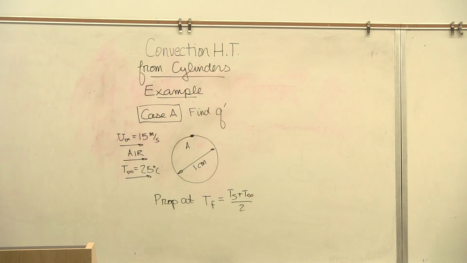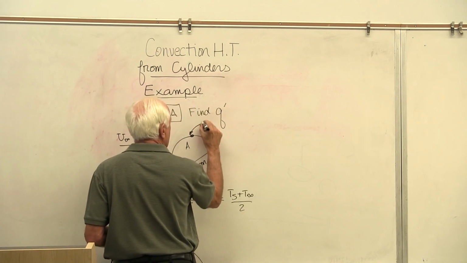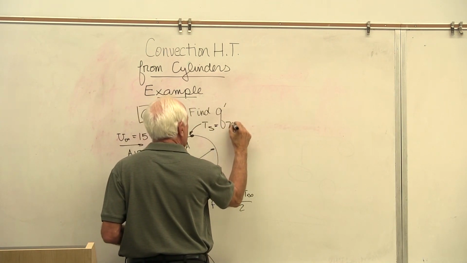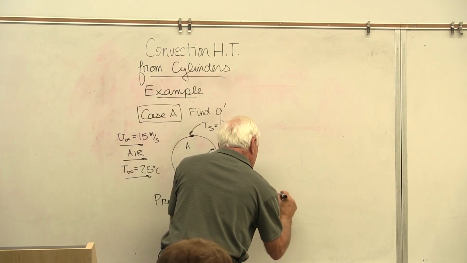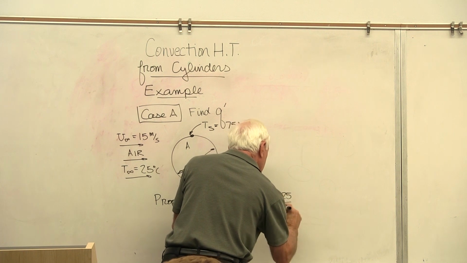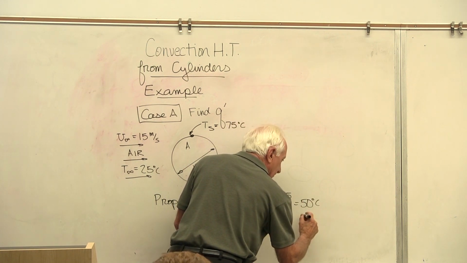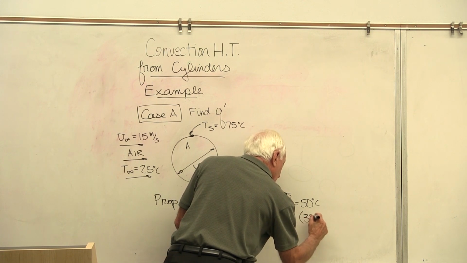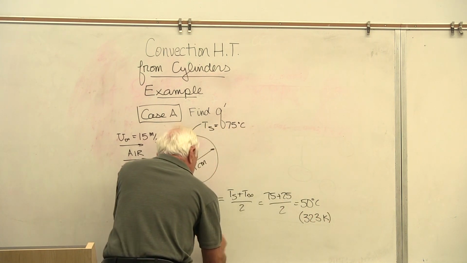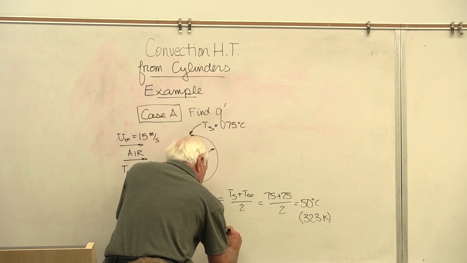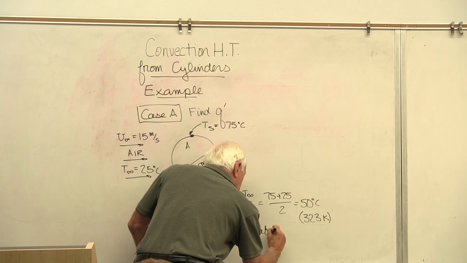Surface temperature is 75 degrees C. So we've got 75 plus 25 divided by 2, 50 degrees C, which is 323 K. Properties are in table A4 for air, in the back of the book.